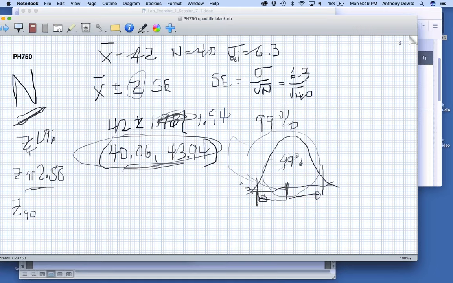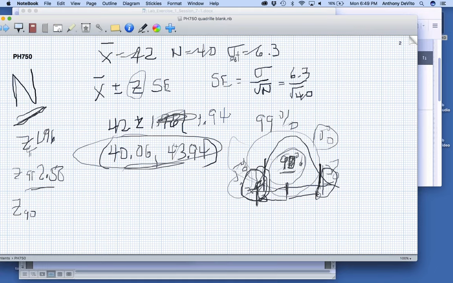So for a 90% confidence interval, what percentage of the possible outcomes would be below and above the middle 90%? What's going to be on both ends? 5 and 5, exactly. 5% here and 5% here, because we're accounting for the 10% probability that we get a sample outside of that range, right?